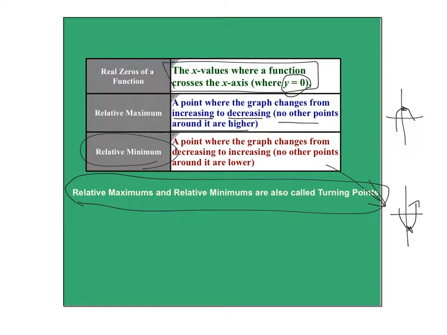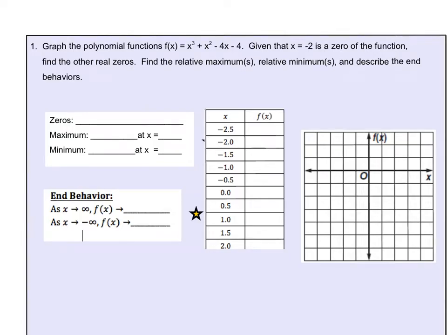So let's get into it. We've got a polynomial function, and it's going to look like that. What we're trying to do is figure out all this information. I'm going to throw this in the calculator and let the calculator do the legwork for me.